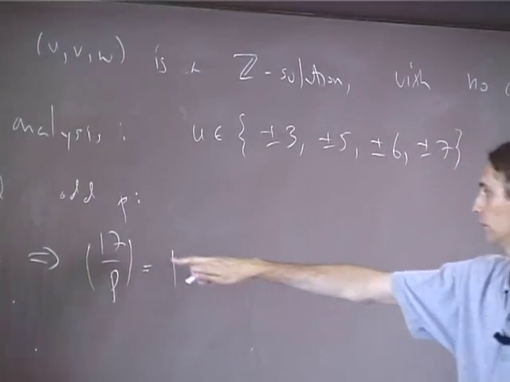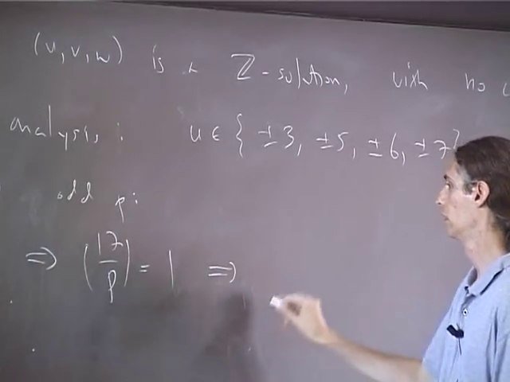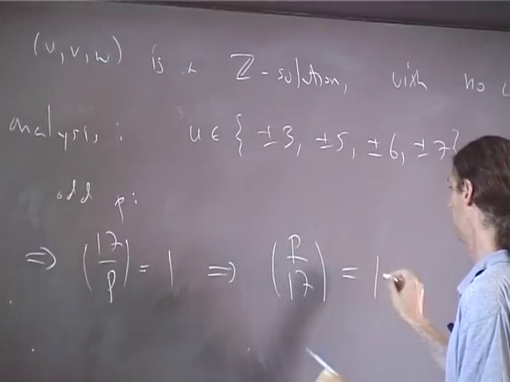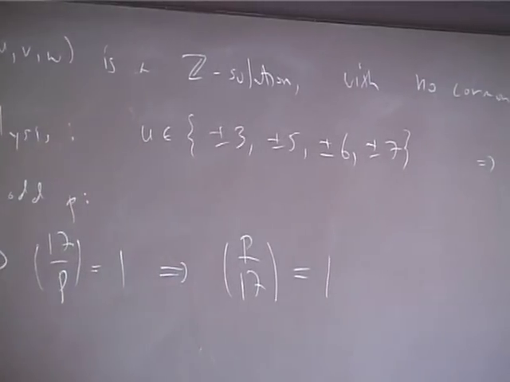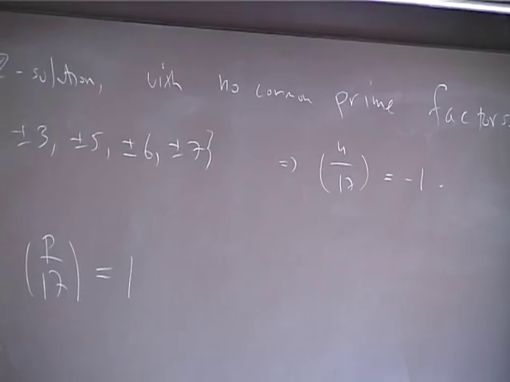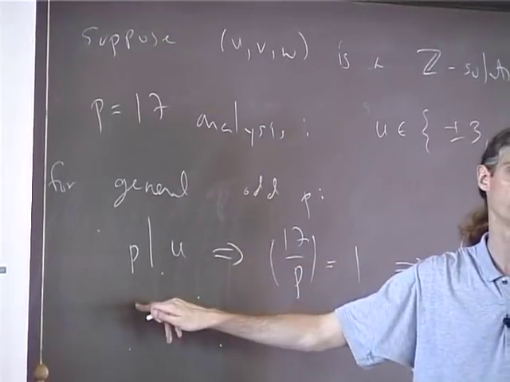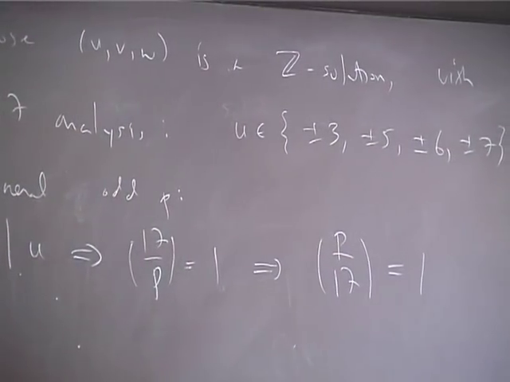Okay, so by quadratic reciprocity, p is a quadratic residue mod 17. Now, u is a product of a number of these primes, as well as plus or minus 1, perhaps 2.